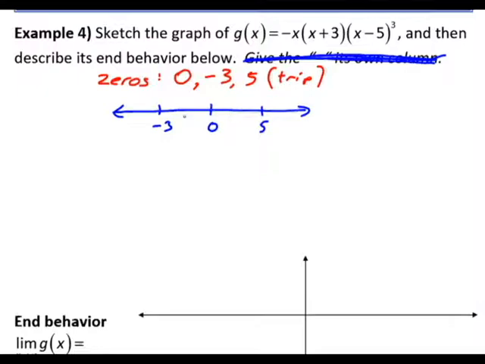So 5 is the triple, so we're going to have that cubic wobble. 0 and -3 are going to be linear factors, so I'm going to just draw straight lines. Now we draw the table.